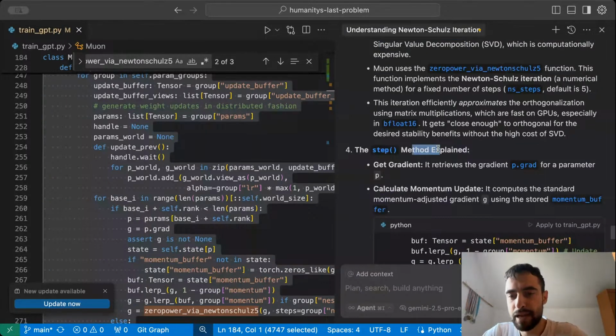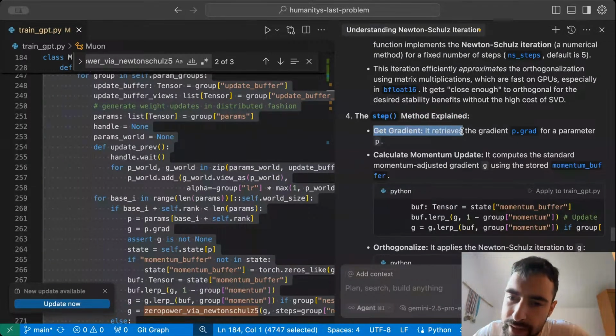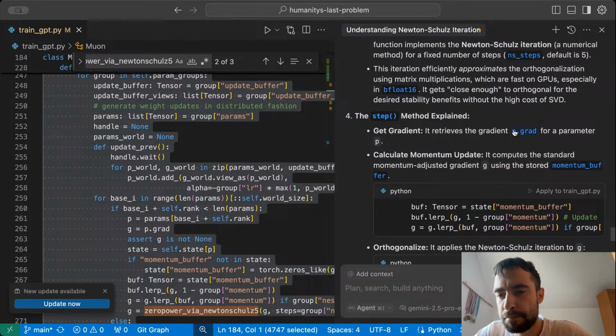The step method explained. Get gradient. It retrieves the gradient, p.grad, for a parameter p. Calculate momentum update.